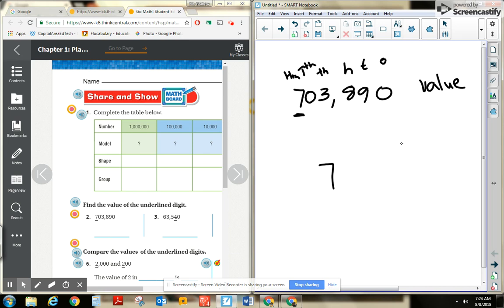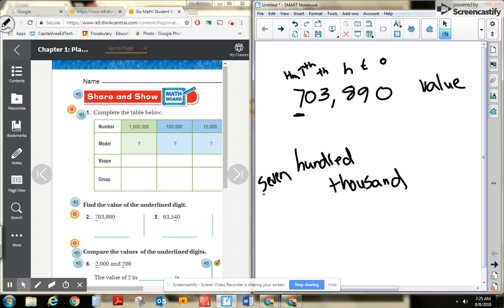Sometimes kids would write 100,000. And that is absolutely correct if we're just talking about which place value it is in. It is in the 100,000s place, but there's 7 of them. So really we have to write 700,000, which is kind of tricky to write.